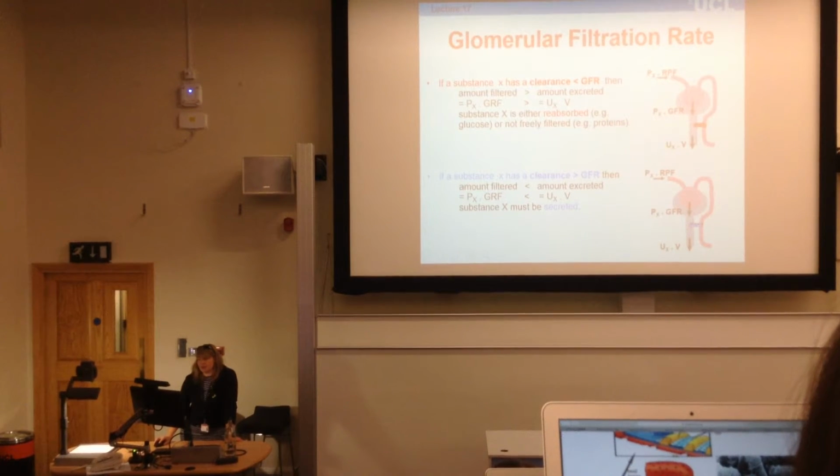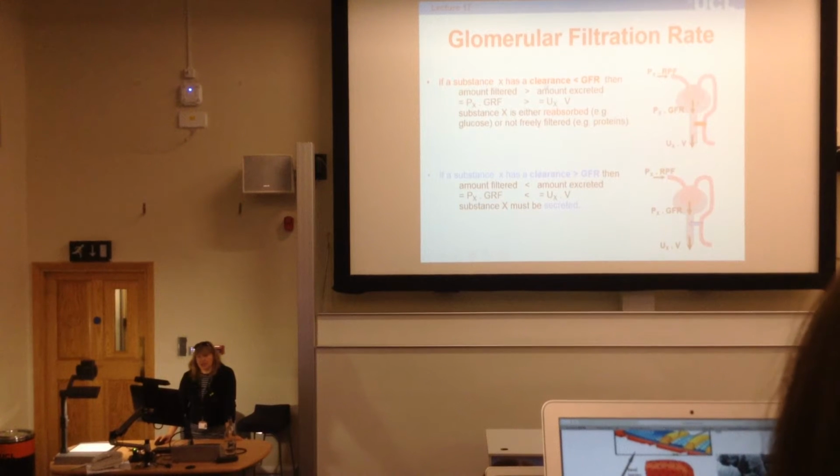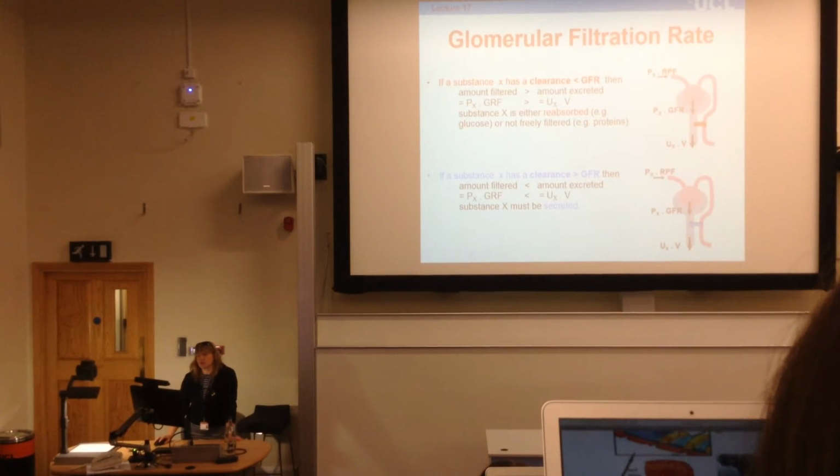Because the amount that goes into the kidney is the amount that comes out either in blood or in urine. So if the amount of substance that is cleared is less than the glomerular filtration rate that we can estimate with inulin, then the amount that's filtered has to balance with the amount that's excreted. So if a substance is reabsorbed, then we know that the clearance would be less than the glomerular filtration rate.